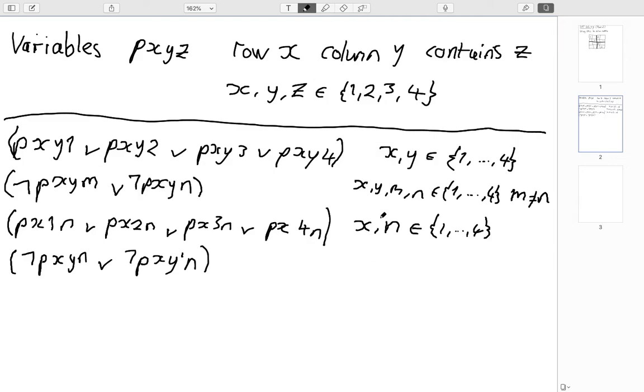And like the second clause here, we want one of these for every x, y, y prime, and n. So one such clause for every possibility of these, where these are in 1 to 4.